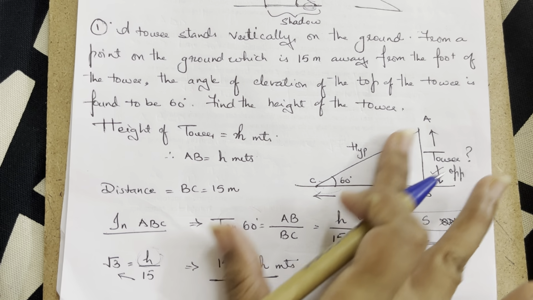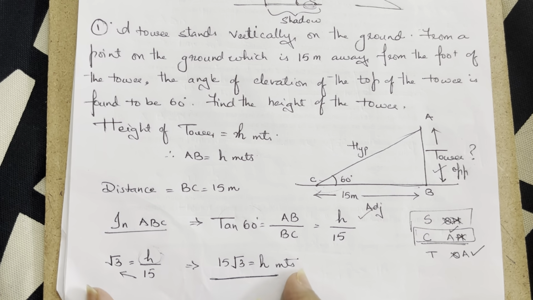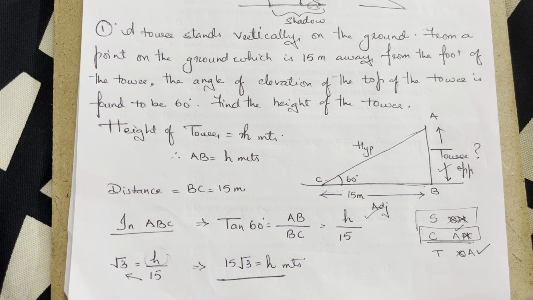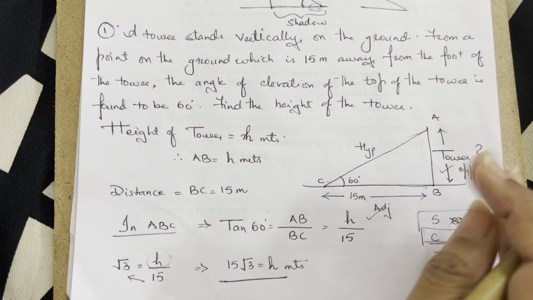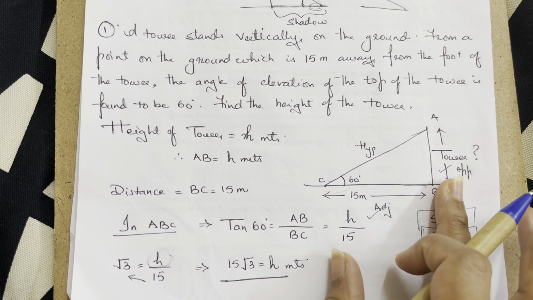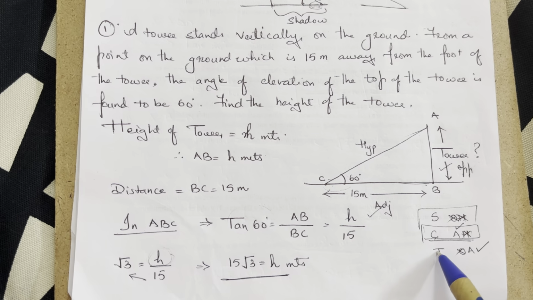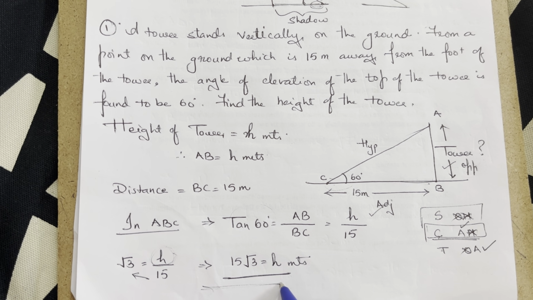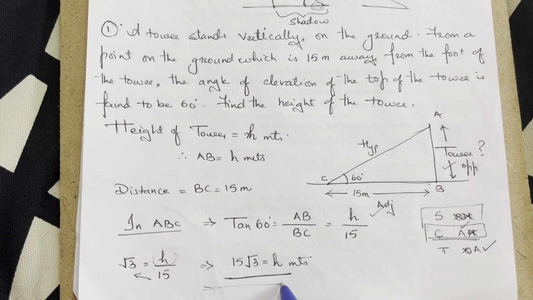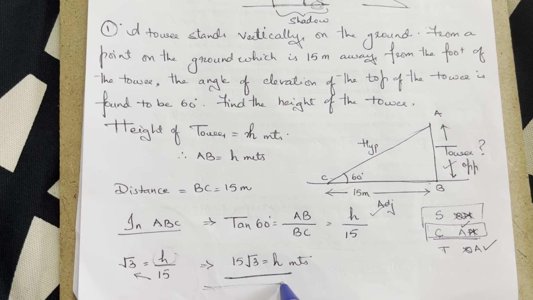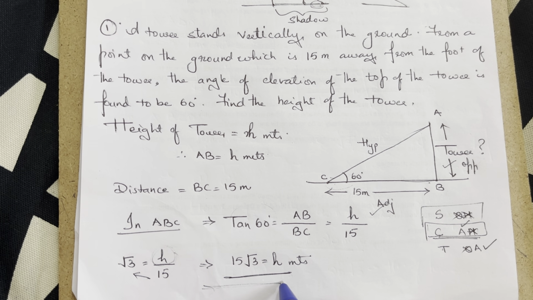Now here, because there was only one triangle, it was simple and easy for us to simplify it. But at times there will be multiple triangles also. But always remember, break the figure down into simpler right angle triangles. Apply either of these three and get your answer. That is the only solution that you have. It's very easy compared to the last exercise of introduction to trigonometry.